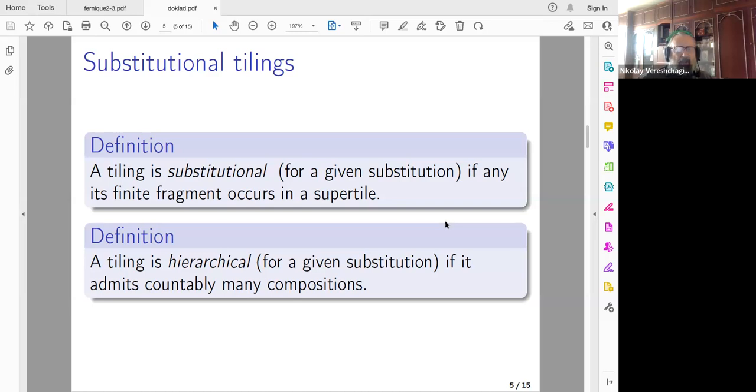And there is a very close notion, the notion of hierarchical tiling. This means that the tiling admits countably many compositions. It can be composed one time, then the resulting tiling can be composed a second time, and so on, an infinite chain of compositions.